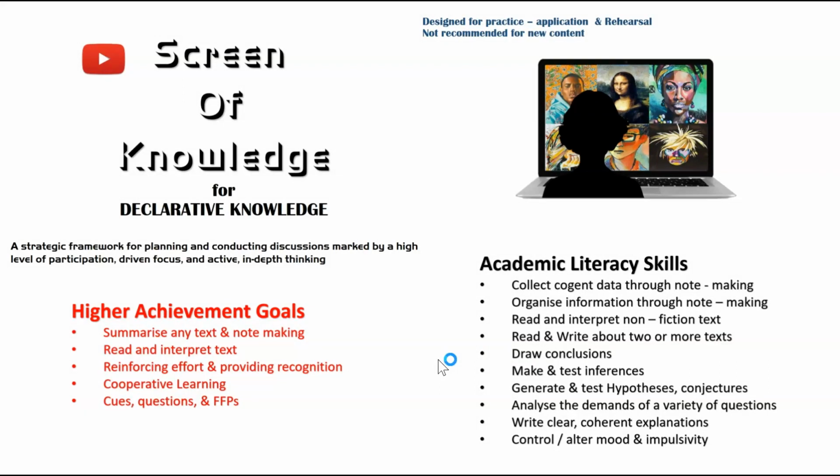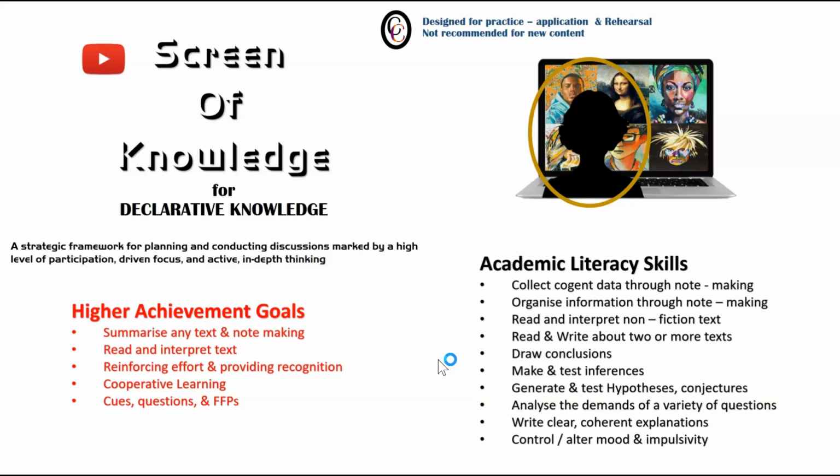Then we've got our screen of knowledge. This one's on you. This one is on you because you have to be so organized with your questions. Your questions have to be really, really well formulated. This is for Zoom. This can be used in workshops to get that absolute level of participation, focus, and active in-depth thinking.